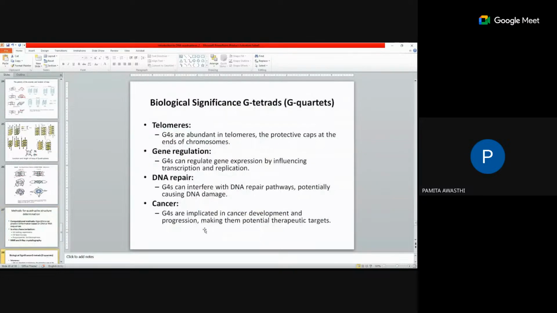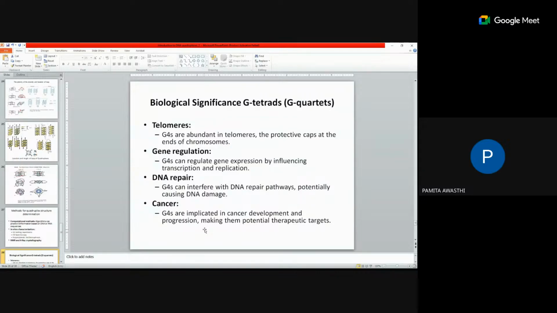Now the biological significance of G quadruplexes, or you can say the G tetrads. They are confirmed to be found in abundance in telomeric junctions, which are the protective caps at the end of the chromosomes. They regulate expression by influencing transcription and replication.